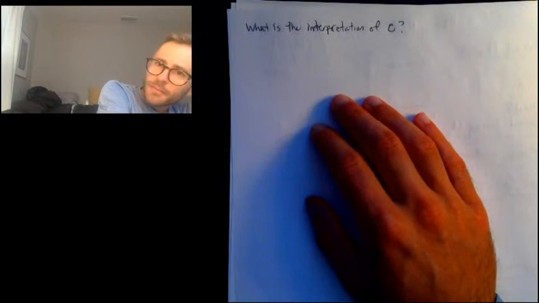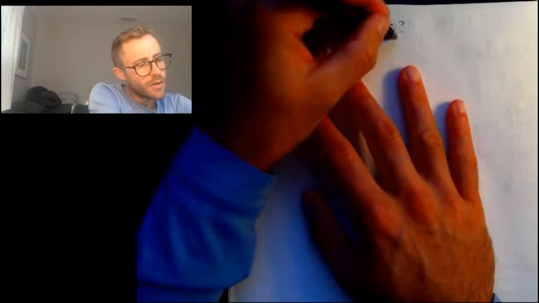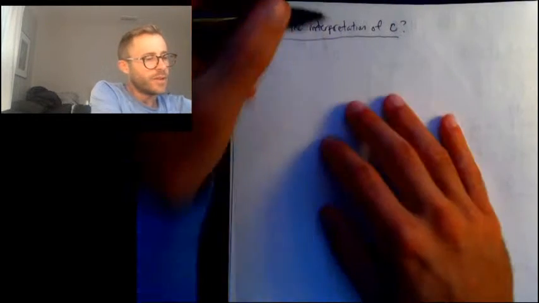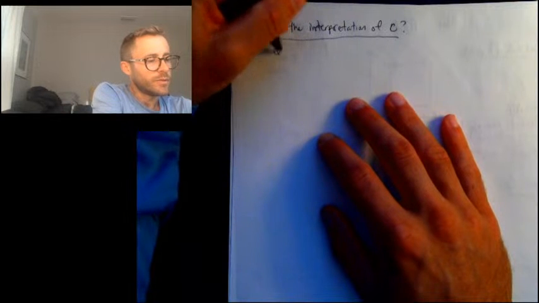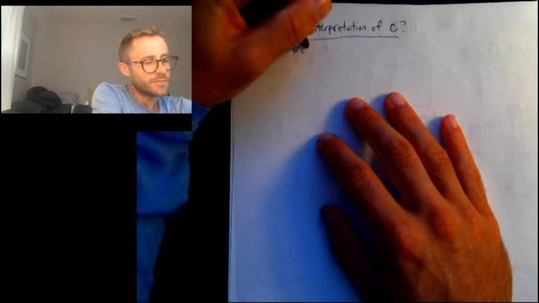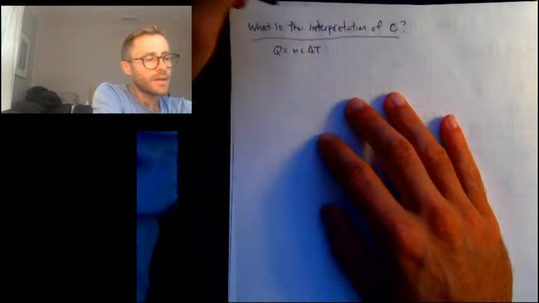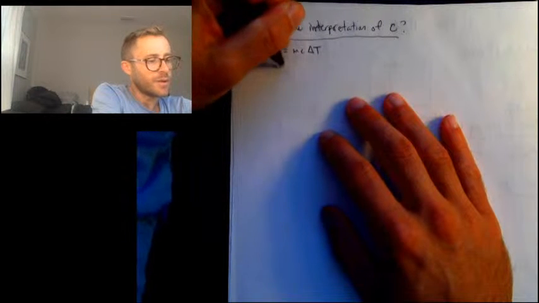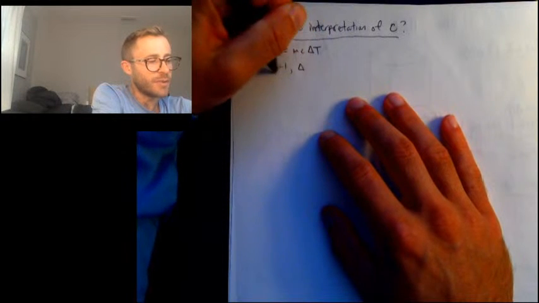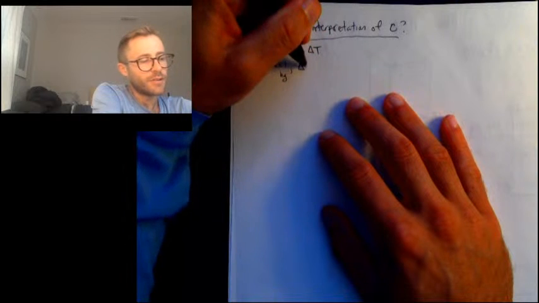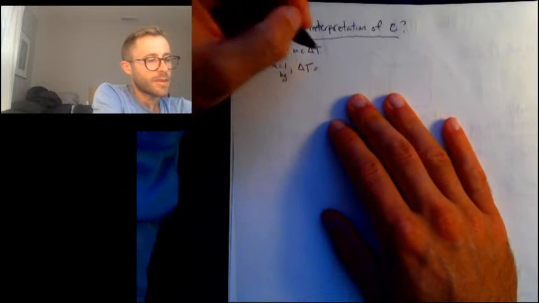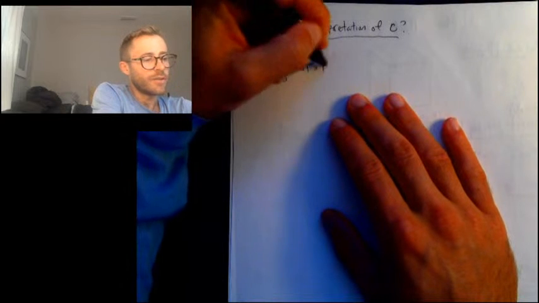Well, if we take Q equals mc delta T, what if we set m equals 1 kilogram and delta T equals 1 Kelvin?